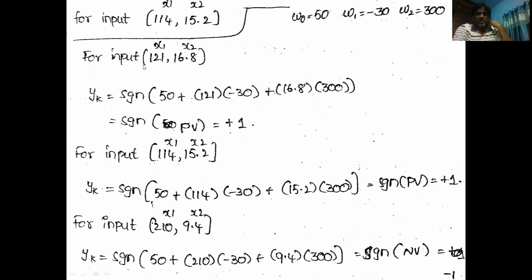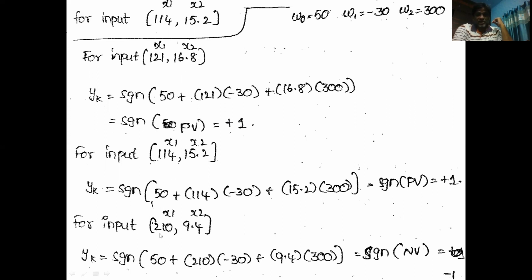Let us check for all the inputs whether the perceptron is classifying them correctly or not. For 121 comma 16.8, the value produced is +1, so it is properly classified. For the second input vector, 114 comma 15.2, the desired response is +1, and it is producing +1, so it is correctly classified.